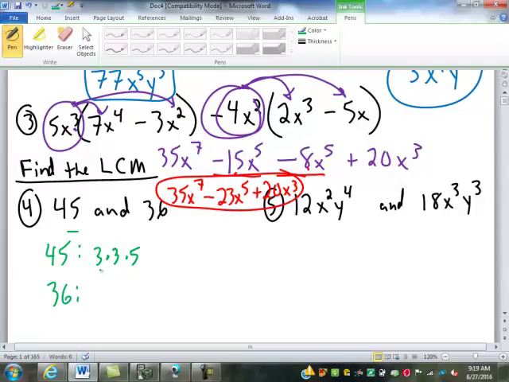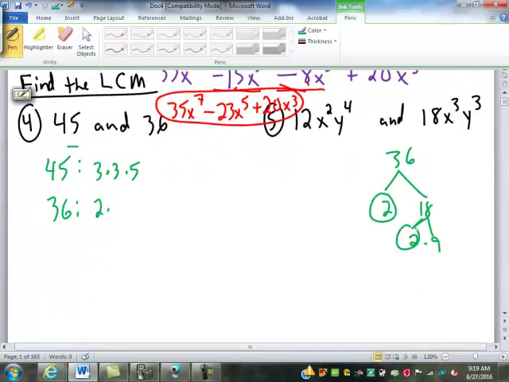Break it down into the smallest possible prime numbers. 36 then would break down into 2 times, careful. Remember, when you prime factor, you do the tree. Divisible by 2, so that would be 18. 18 splits into 2 times 9. Those are prime, and 9 is 3 times 3. So it's 2 times 2 times 3 times 3.